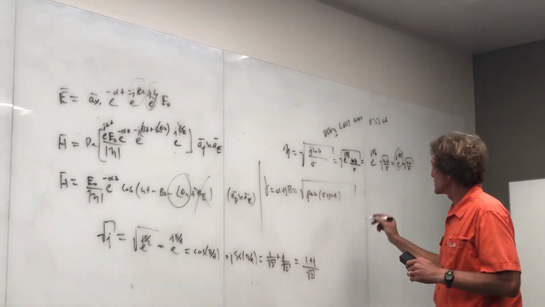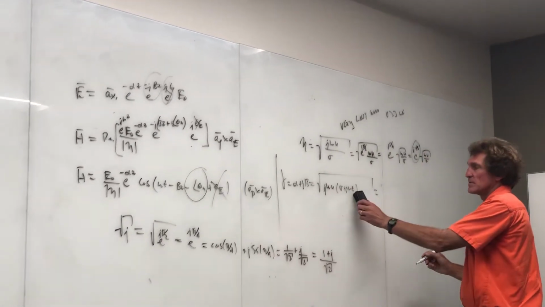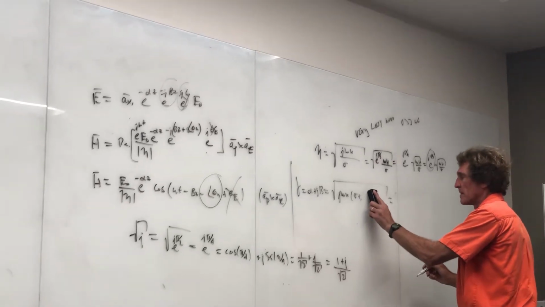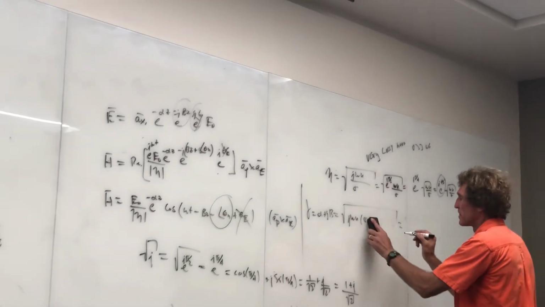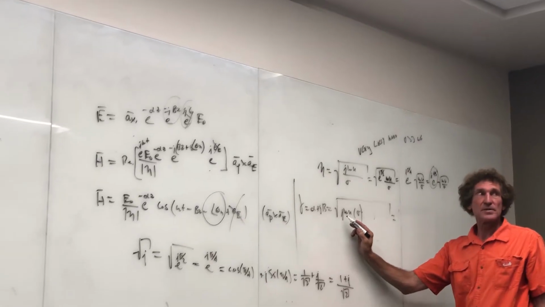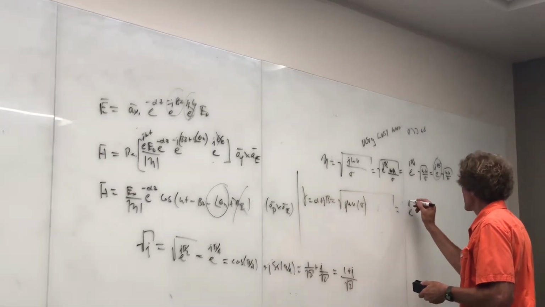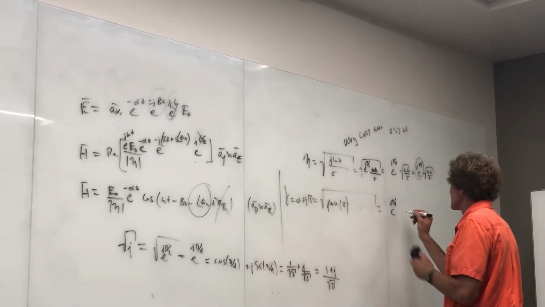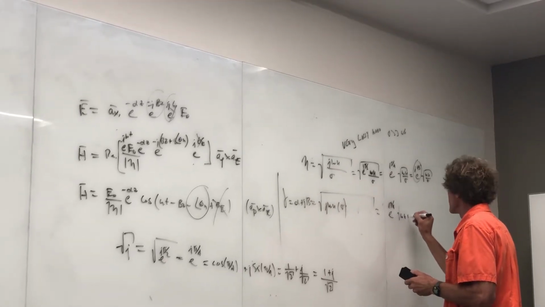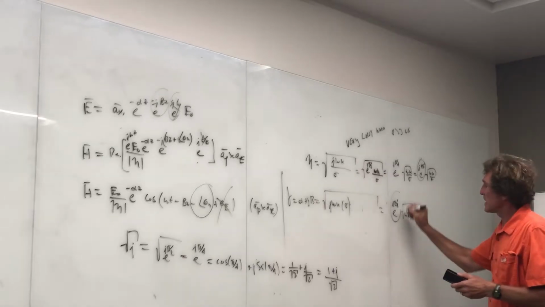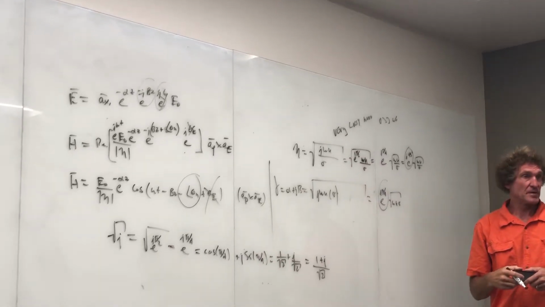If that's the case, then when I get rid of j omega epsilon here, I have j, or e to the j pi over 2 square root, or I have e to the j pi over 4 here, times the square root of omega mu sigma. And then again, you have 45 degrees difference.